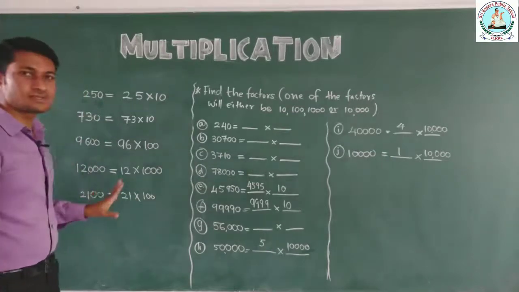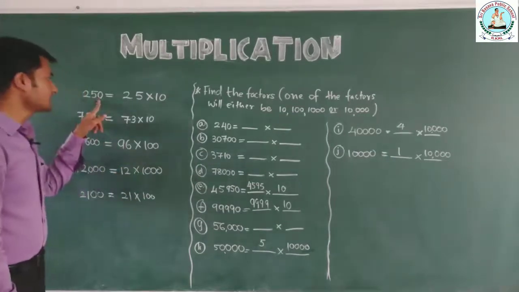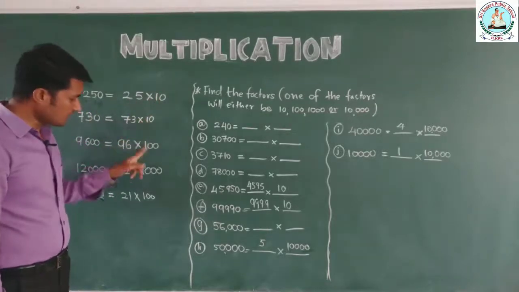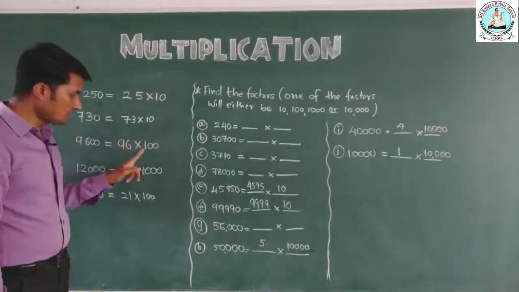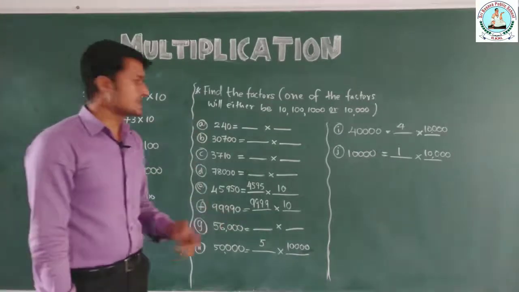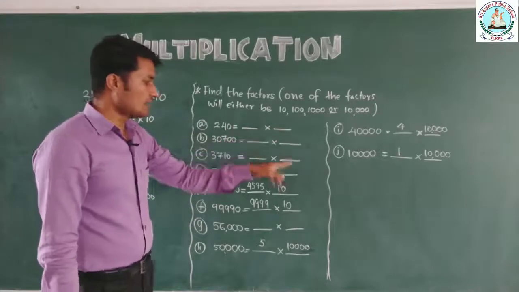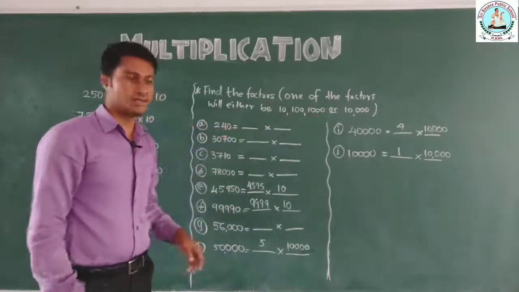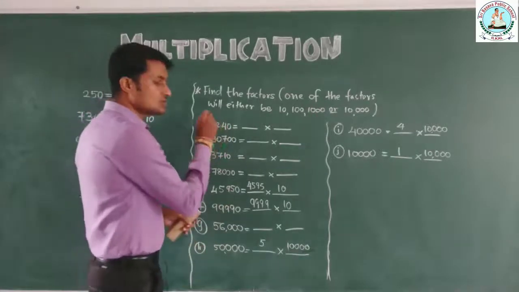So like this we can express a number which is having a zero as the product of two factors, and one of the factors will either be 10, 100, 1000, 10,000. So let us express these numbers as the product of two factors. So as I said, how to express 240?